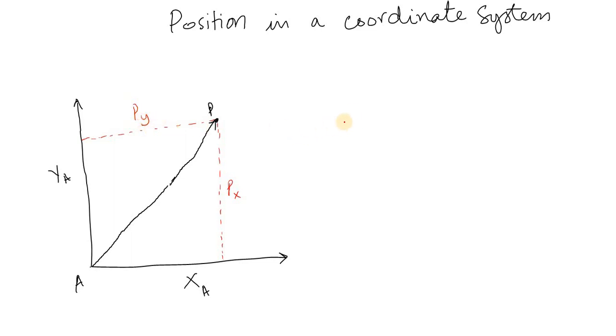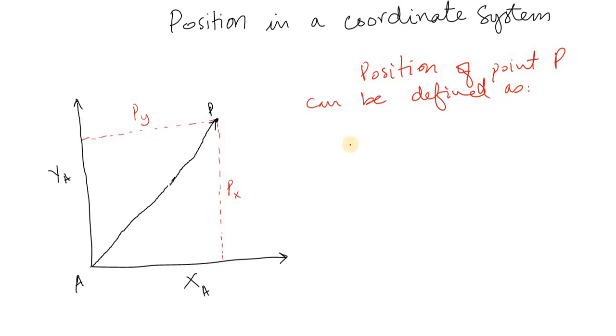So it means that the position of point P in reference frame A is equal to Px and Py, in this vector form.